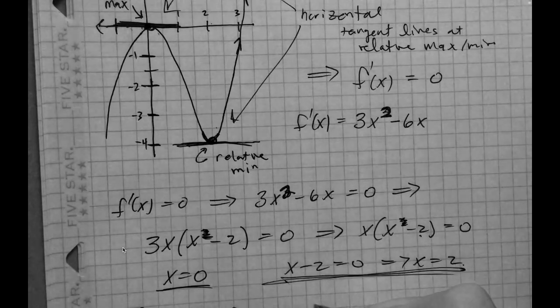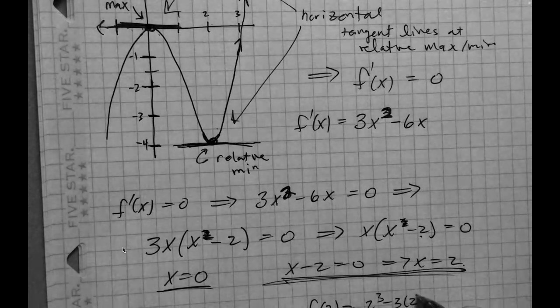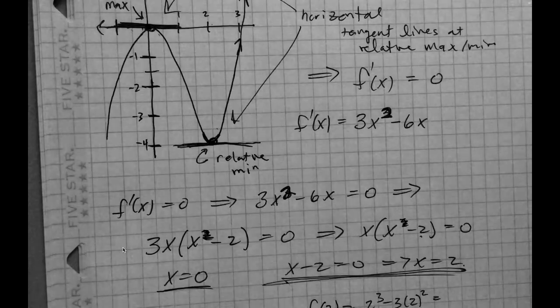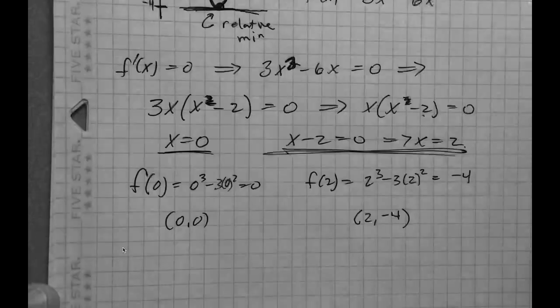And then we could also evaluate f of 2, and so we get 2 cubed minus 3 times 2 squared. And when you crank all that out, what do you get? 2 times 2, so that's 8 minus 12, so you get negative 4. So another extrema point is at 2, negative 4.